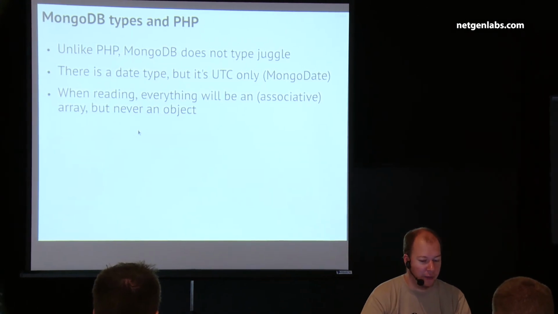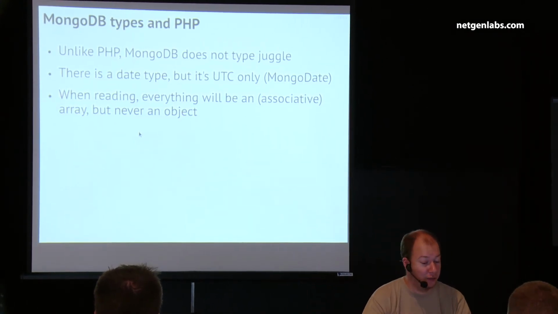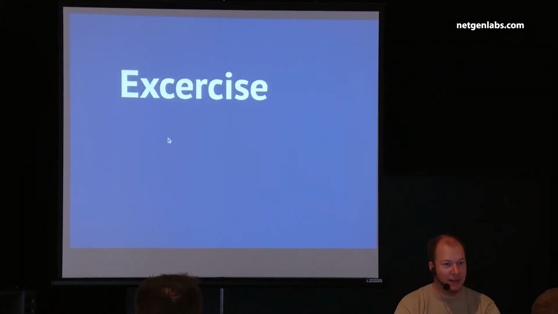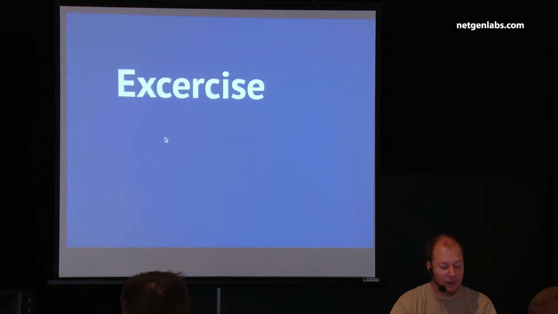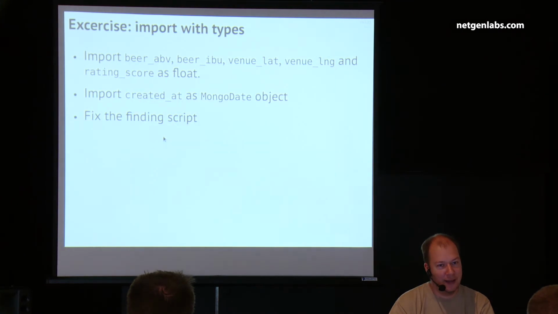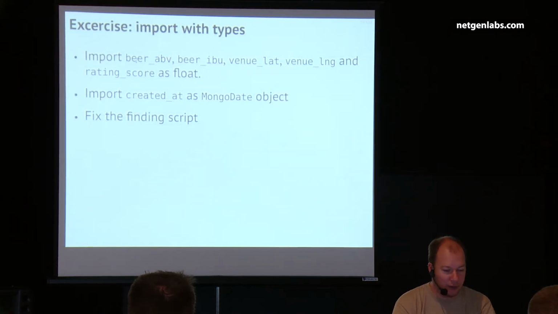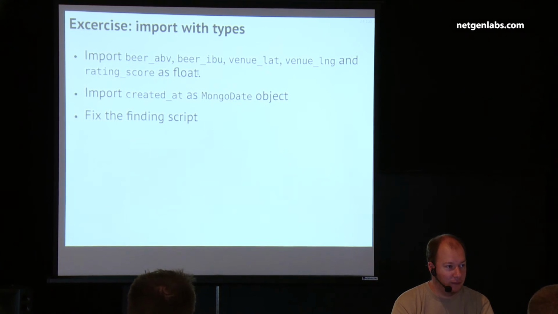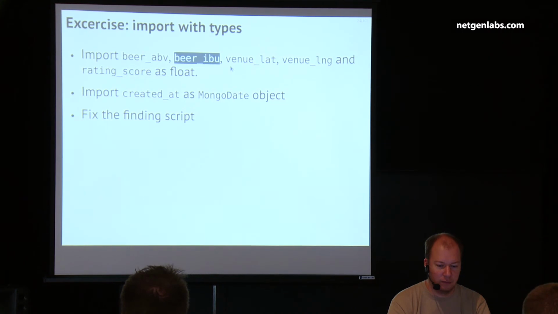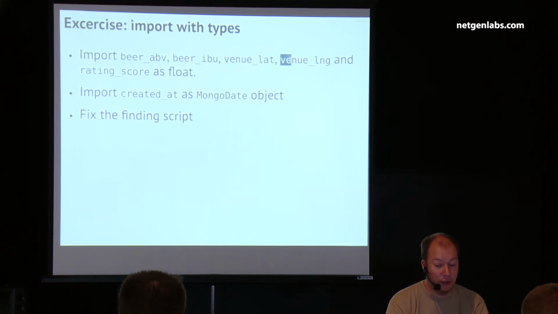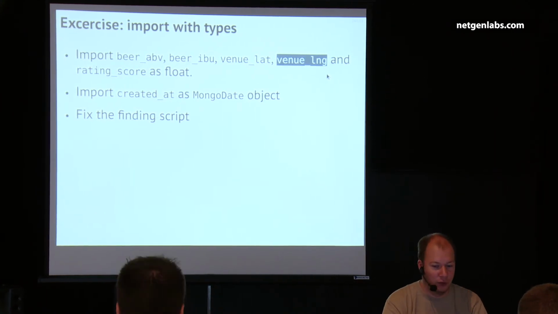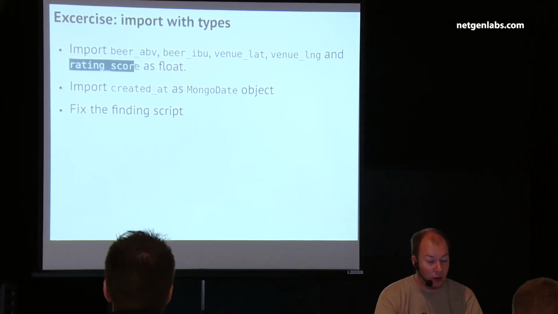And I've already mentioned that when reading, everything will always be an associative array or an array, but never an object. All right, so the exercise is: open up your import script, and change a few data types. Make sure that you import beer_ABV, which is alcohol percentage, IBU, which is the bitterness of a beer, venue latitude and venue longitude, which are latitude and longitude of where you consume the beer, and rating score, all as a float.